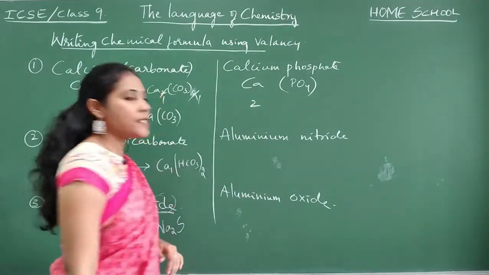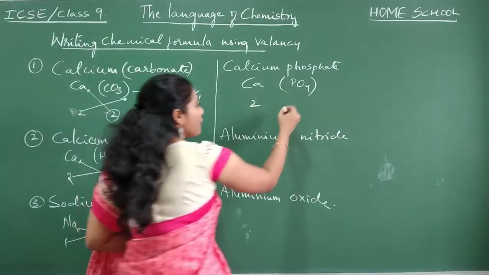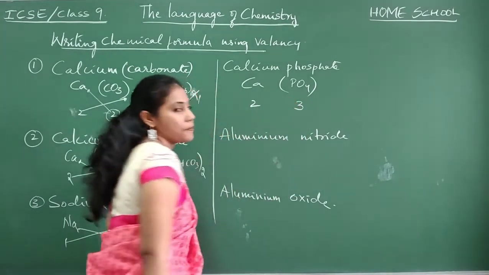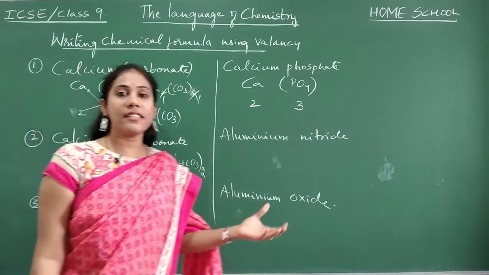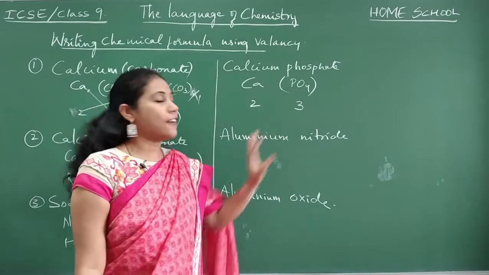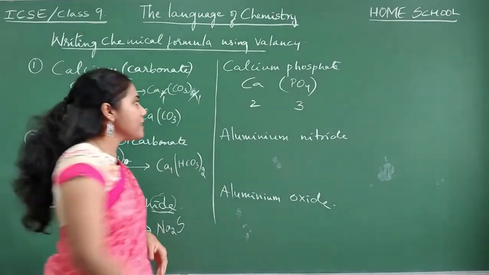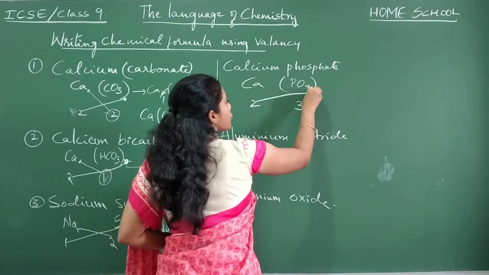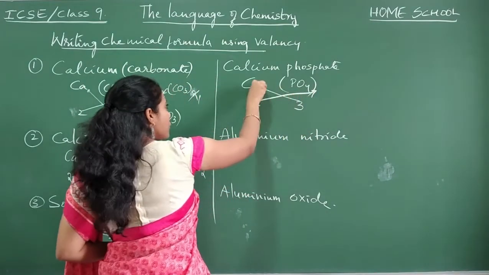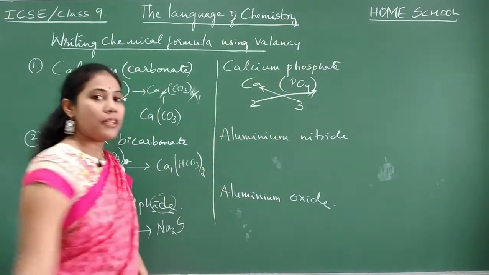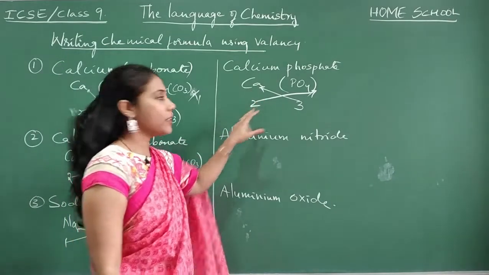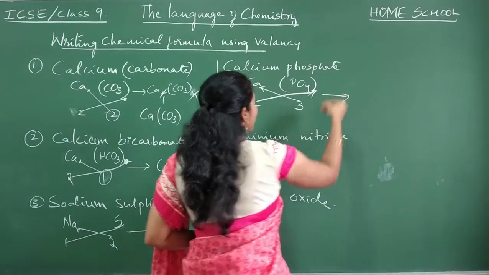Valency of calcium is 2 and valency of phosphate is -3, guys. I am not considering the signs, so I have put just the digits. Now do a crisscross. This digit should be written here, and this digit should be written here as a subscript for calcium. If you do that, what do you get, guys?